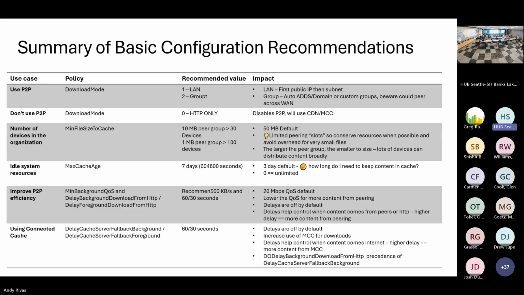And fallbacks are definitely one of those, right? Because if you want to ensure that you have a higher probability for your devices to pull from the cache rather than falling back to the CDN, then you want to delay that HTTP fallback.